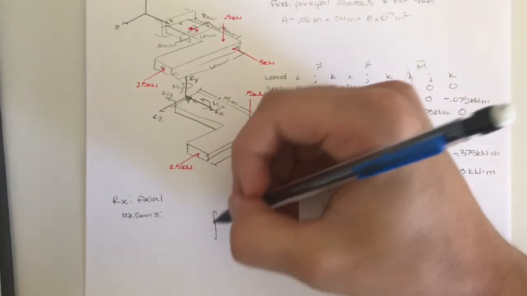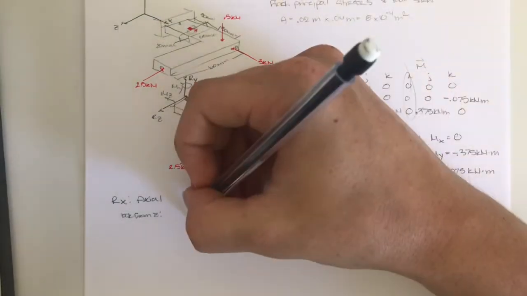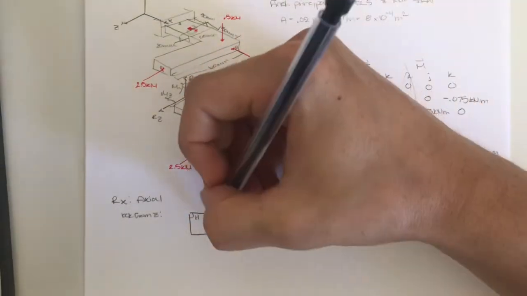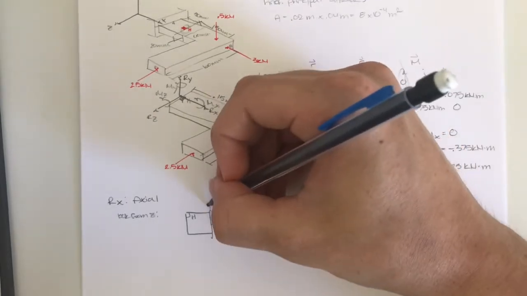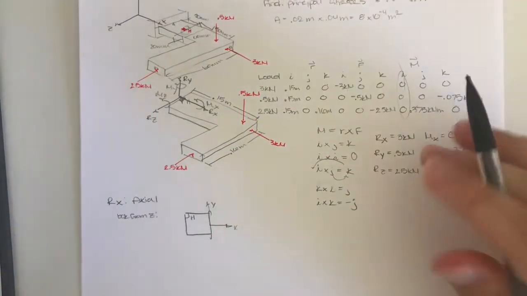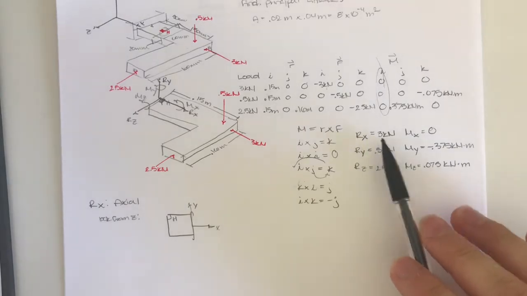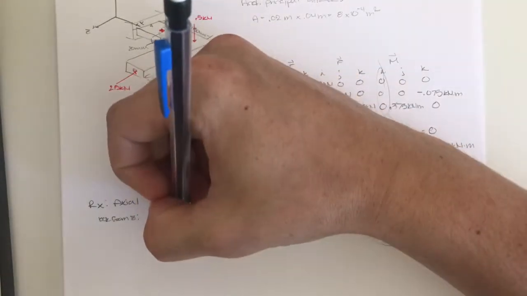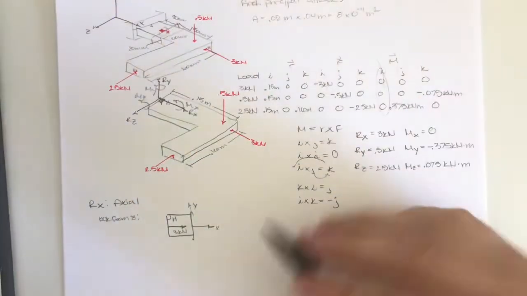Looking from the z, this cut is going to look like this. We're going to have H up here, a positive x direction here, and a positive y. As we can see here, this is a positive 3 kilonewtons, so this is going to be moving in the positive x direction.